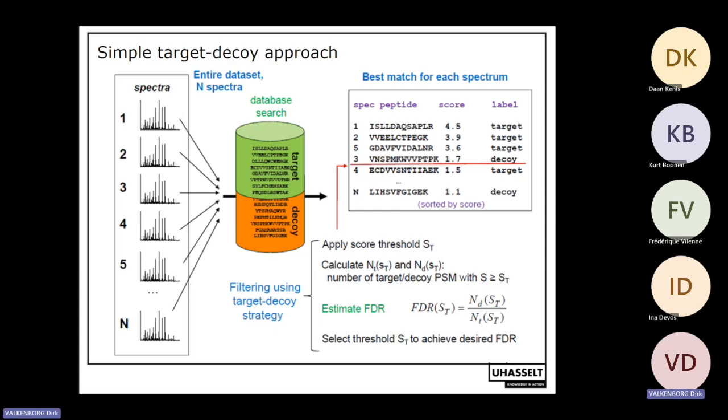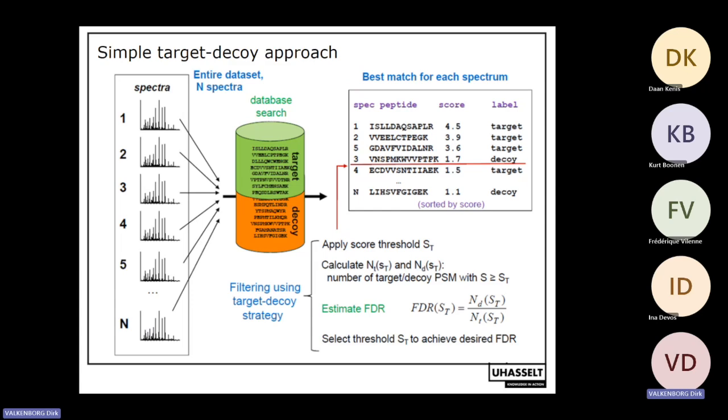To remediate that, the proteomics community invented this target decoy approach. The idea is, we have our target database. This is the peptide database coming from the protein FASTA file that we have downloaded. But we will also generate a decoy database, a database with fake sequences. So how do we generate these fake sequences?